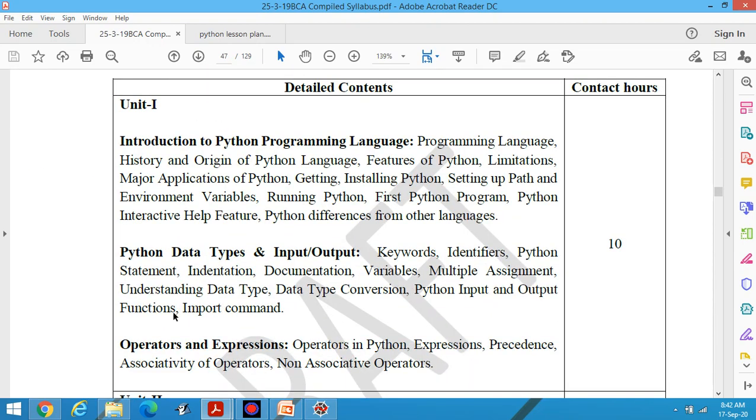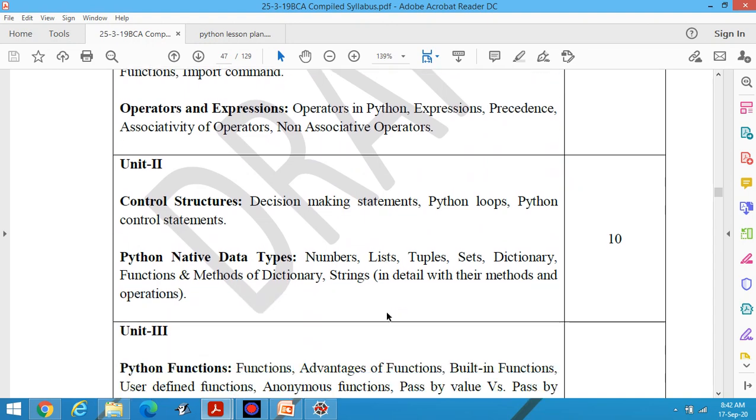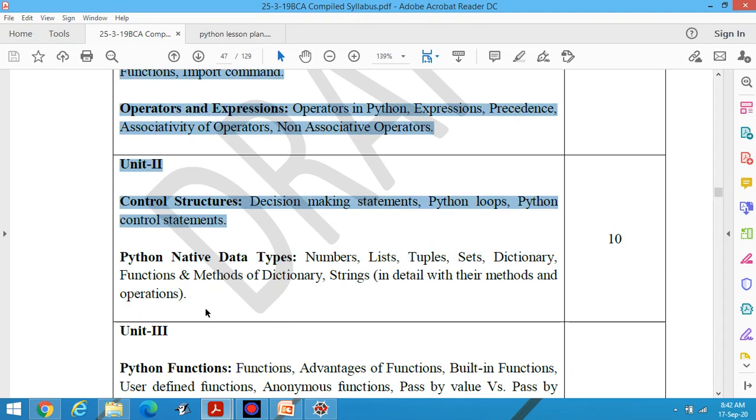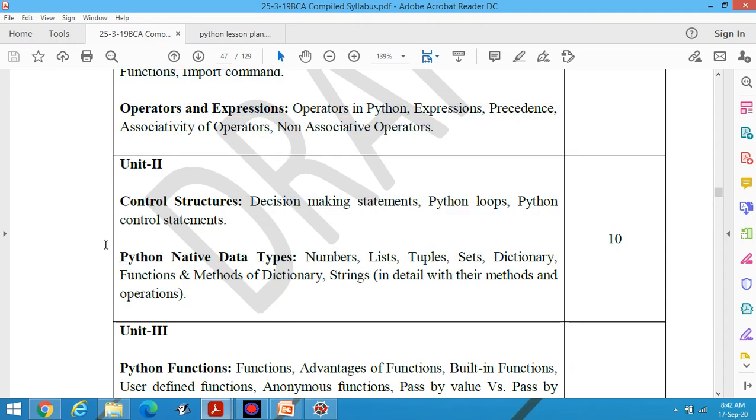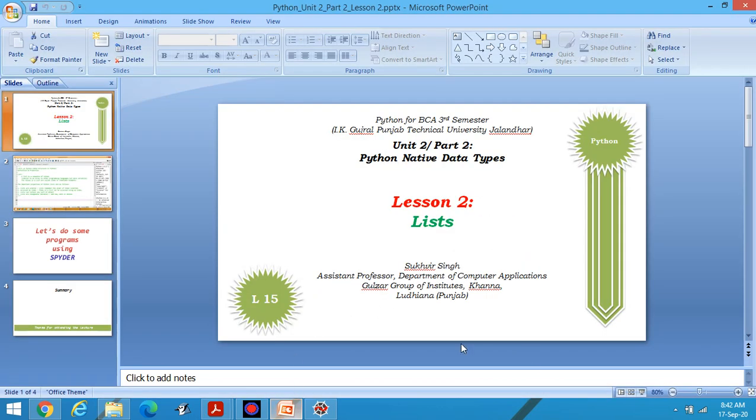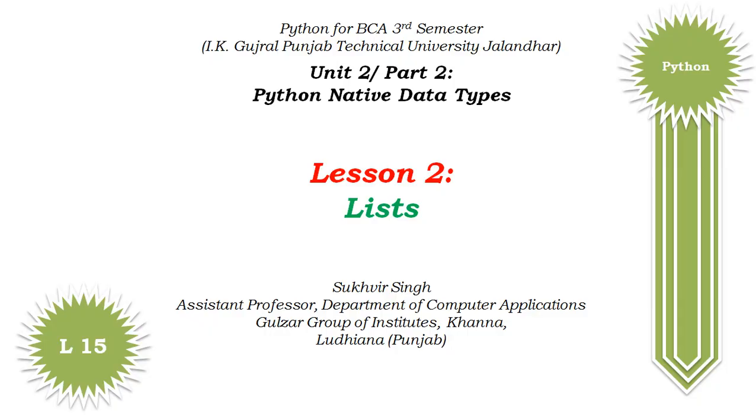I have already completed unit 1 and presently we are doing unit number 2, chapter number 2. The second topic I am going to discuss today is lists in Python. This one is the topic, unit number 2, part 2, Python native data types, second lesson, lists in Python.